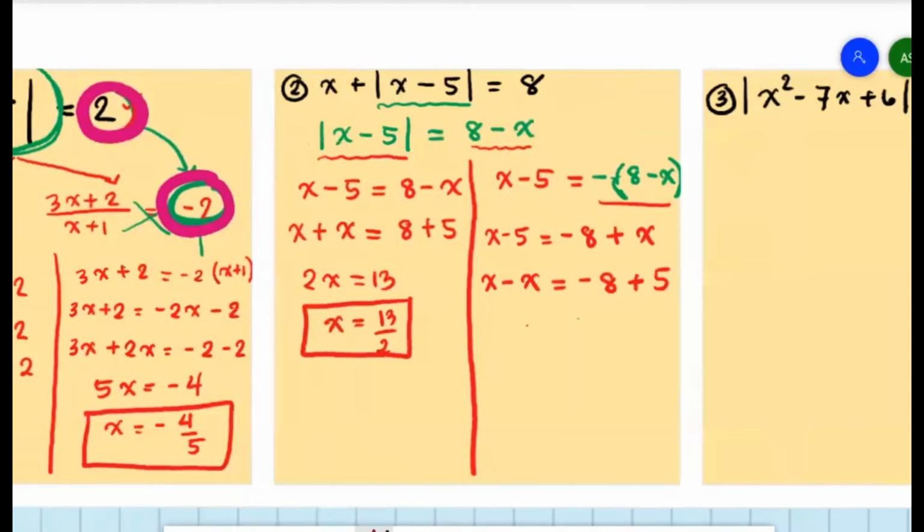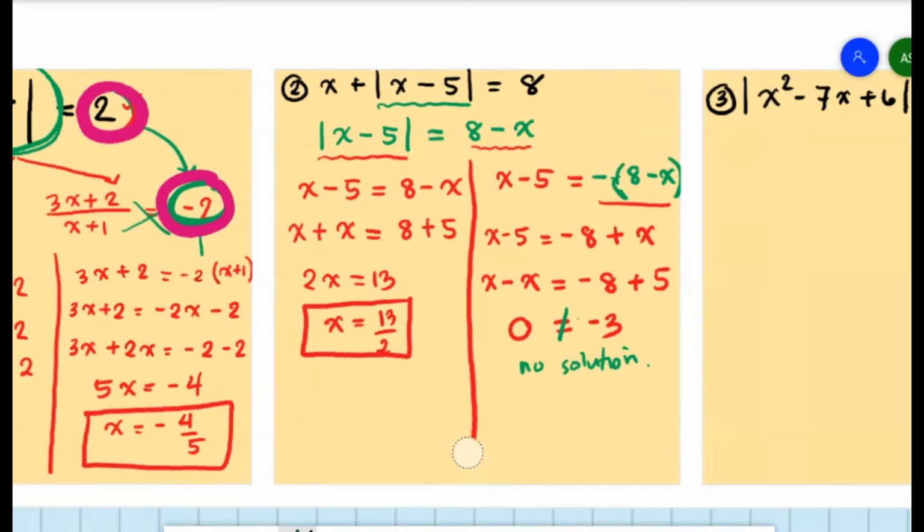So x minus x is 0, and we're saying that 0 is equal to -3. However, mathematically speaking, this is not possible. So therefore, in this case, we do not have a solution for this equation. So no solution. Right? So how are we going to check?